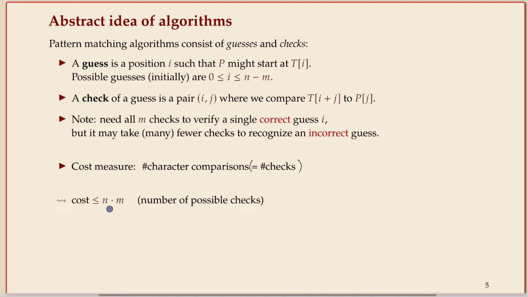But an immediate observation from this is the number of checks can only be at most n times m, because then we have for every guess done all the checks. After at most n times m comparisons, we have compared all possible combinations of text and pattern positions. So if we haven't figured it out till then, we will never figure it out.